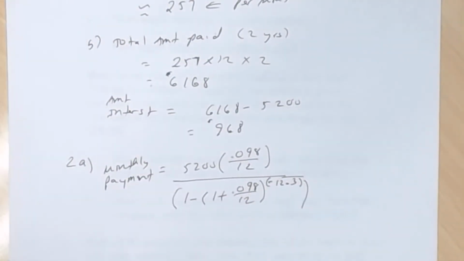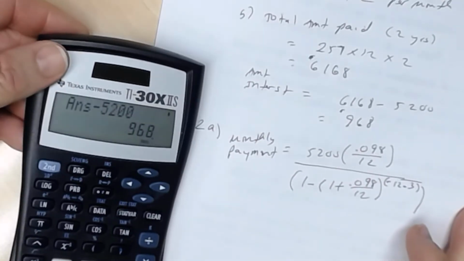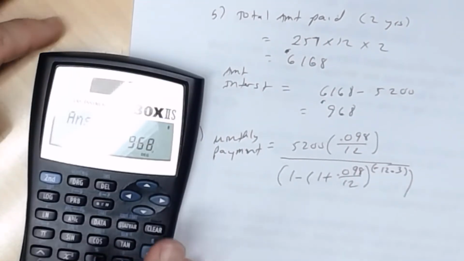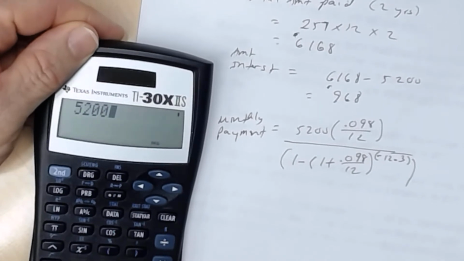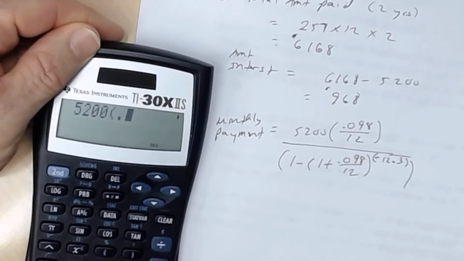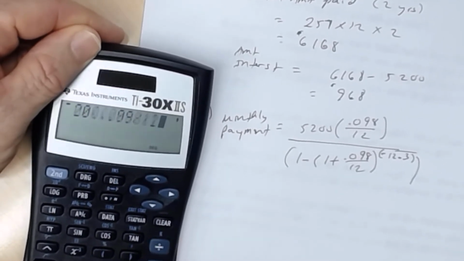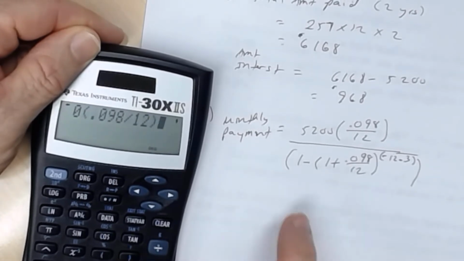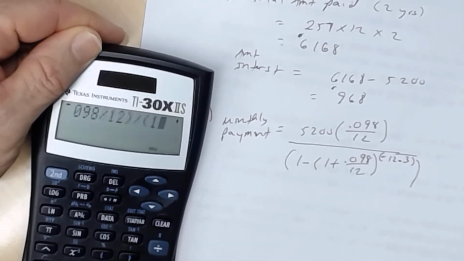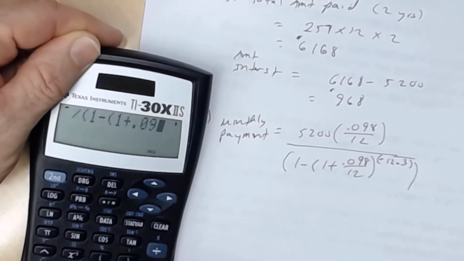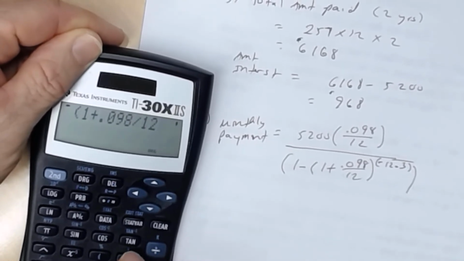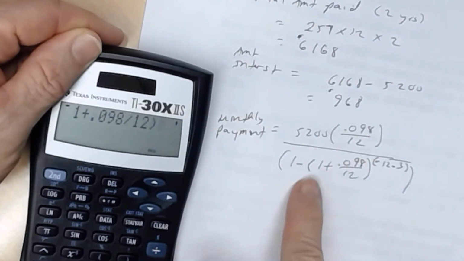All right, so let's use the calculator, see what we get. So in the calculator, we're going to get 5,200 times 0.098 divided by 12, close the parentheses, then divide, open parentheses, 1 minus, open parentheses, 1 plus 0.098 divided by 12, close that parentheses, so we're closing this one.